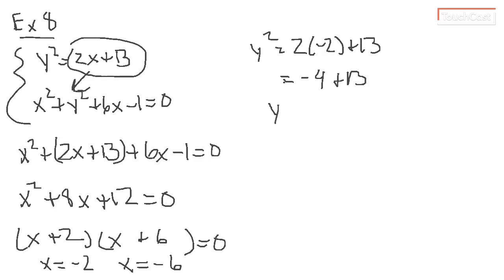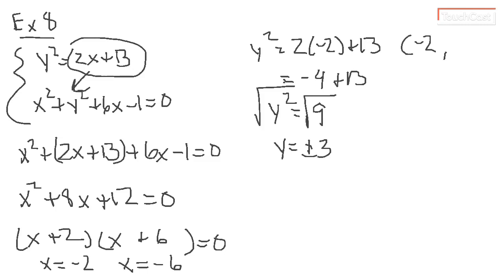That means y squared is 9, and if we take the square root of that, we're going to get y equals plus and minus 3, which means from that we got two answers. So we've got negative 2, 3. We also have negative 2, negative 3.